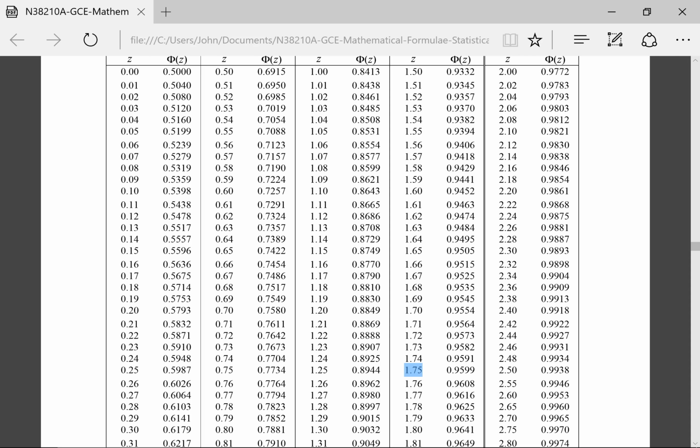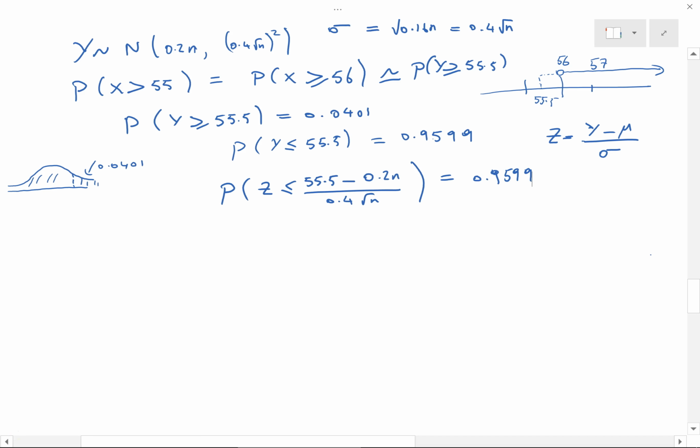So let's go back to the question. So basically, we know this number is 1.75. So 55.5 minus 0.2n over 0.4 root n is equal to 1.75.